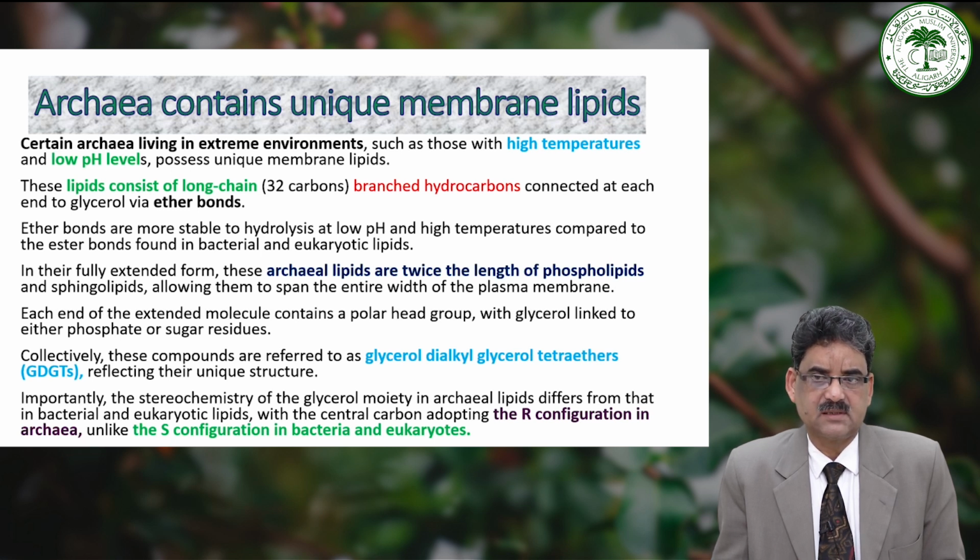These lipids consist of long-chain, 32-carbon, branched hydrocarbons linked at each end to glycerol through ether bonds. Ether bonds are significantly more stable to hydrolysis at low pH and high temperatures compared to the ester bond found in bacterial and eukaryotic lipids.